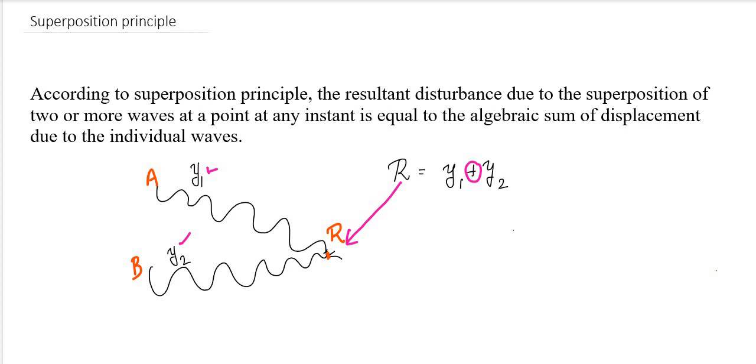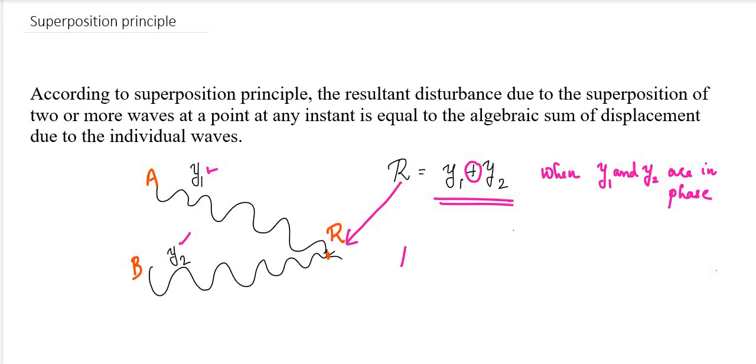According to the superposition principle, the resultant displacement R is equal to y1 plus y2 when y1 and y2 are in phase. The second case is when y1 and y2 are out of phase.